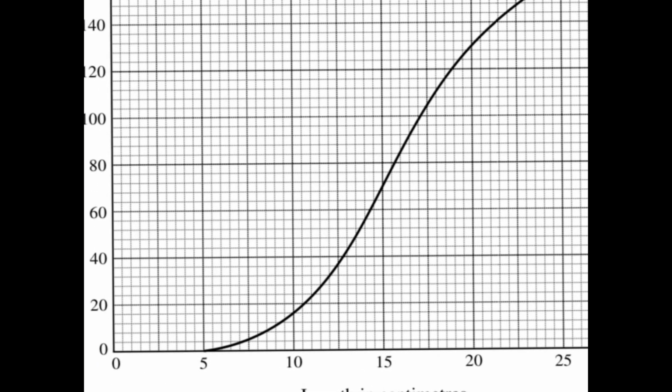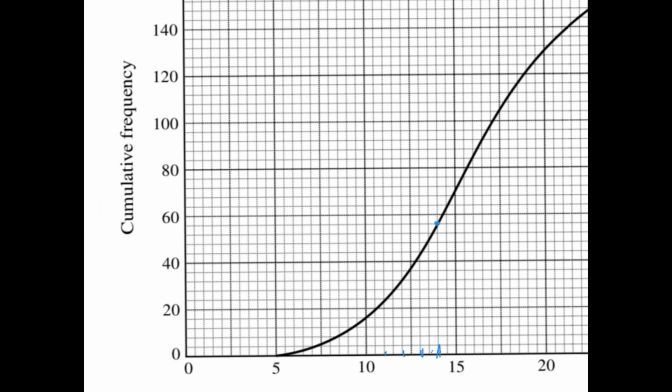Okay, so this is 14, this is 11, 12, 13, and then 14, right? So 14 is over here. So if this is 40, then this will be 44, 48, 52, and this will be 56, right?